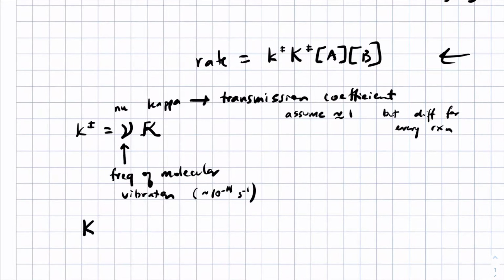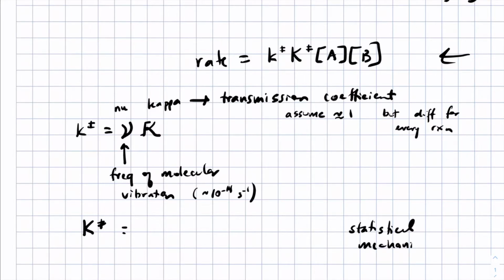Then for the big equilibrium constant between starting materials and activated complex, he just used the... okay, hold on. I'm waiting to figure out what the math is. He had to use, at this point, statistical mechanics to derive this.